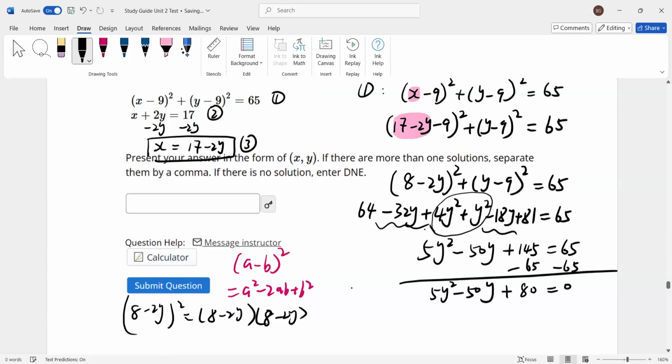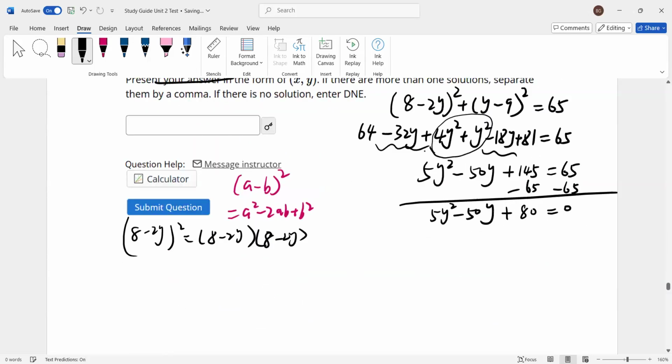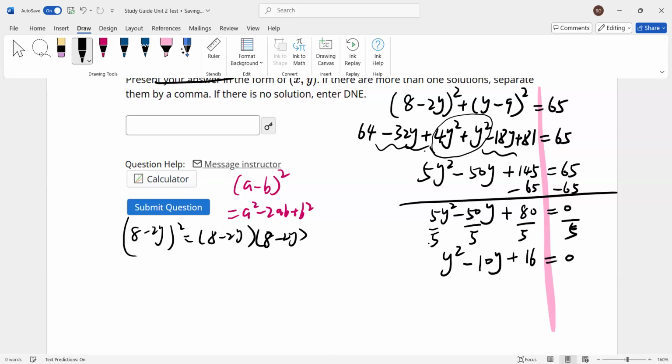Okay, so now the equation looks good, but not simplified yet because all the coefficients are divisible by 5. So divide by 5, divide by 5, divide by 5, and divide by 5. Then we have y squared minus 10y plus 16 equals 0.